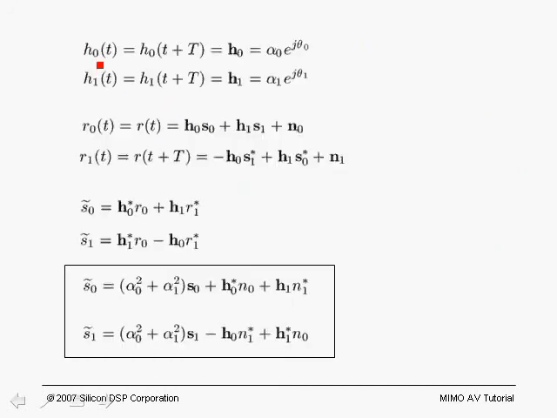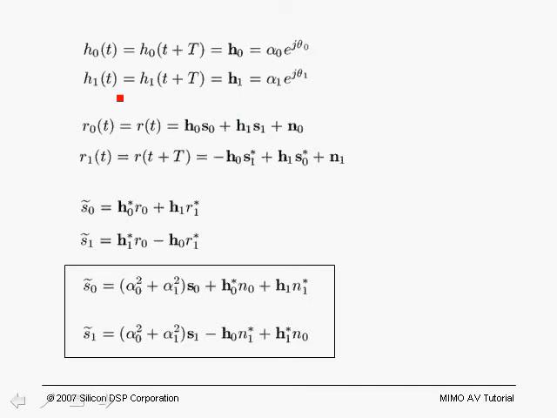First of all, h0(t) we're going to assume is equal to h0(t+T). That is, the channel does not change within a time frame of T seconds. So if the channel does not change within the time frame of T seconds, then h0(t) and h0(t+T) are equal to h0, a complex number with a magnitude alpha 0 and a phase theta sub 0.